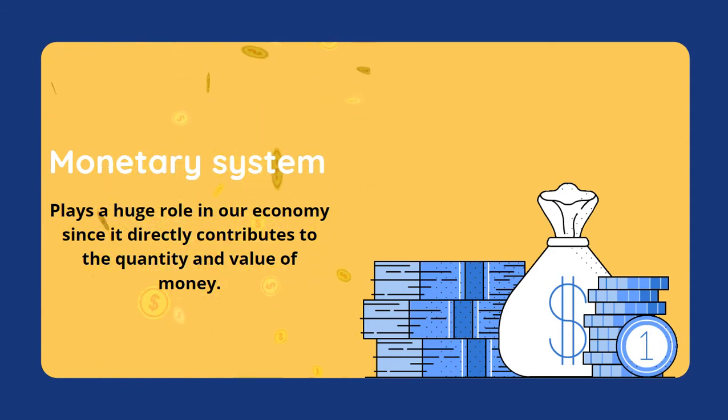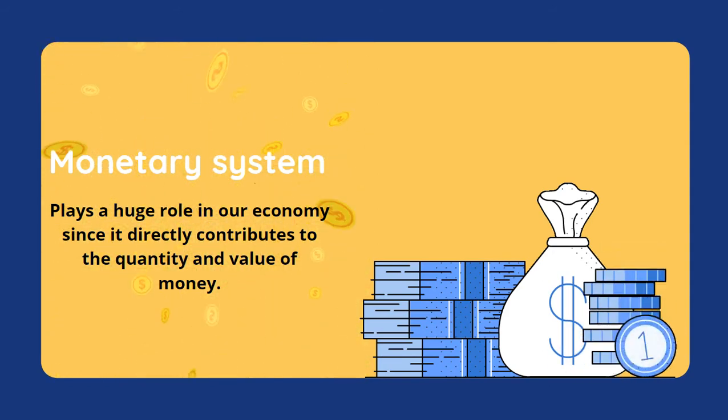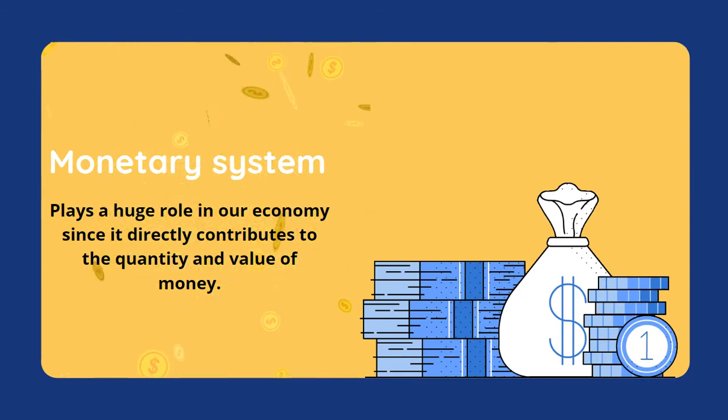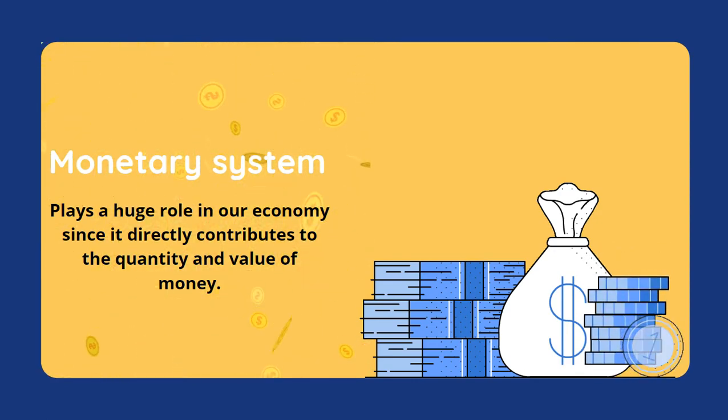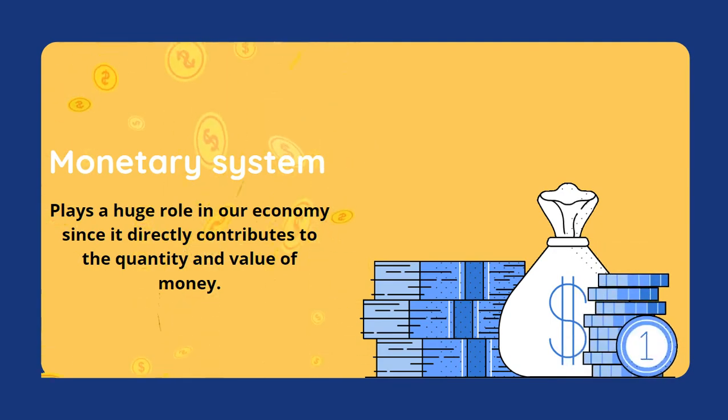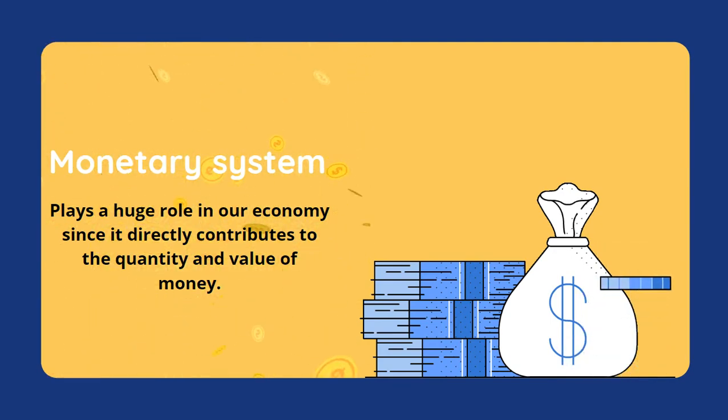And the fiat money is the paper currencies and the metal coins that we are currently using. Okay, so the coins and bills that we use are a perfect example of the fiat money.